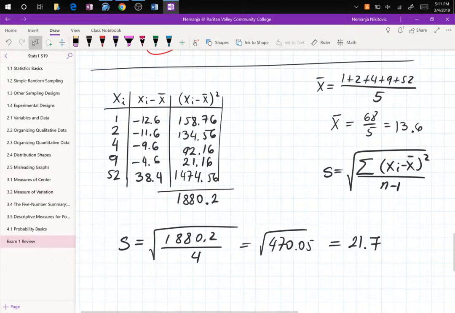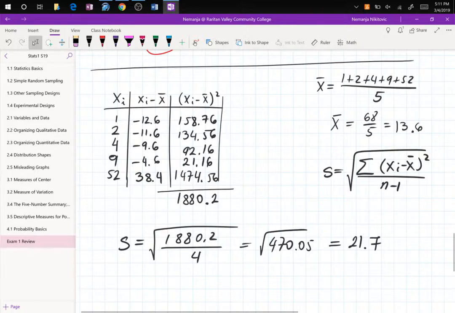Now, what I suggest to my students, which is you guys now, is to create a list for your formulas, where on one side you're going to have sample, and on the other side you're going to have population. So lowercase n is the sample size, and uppercase N is the population size.